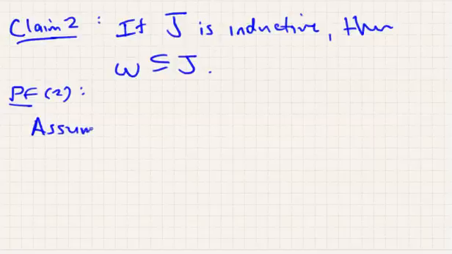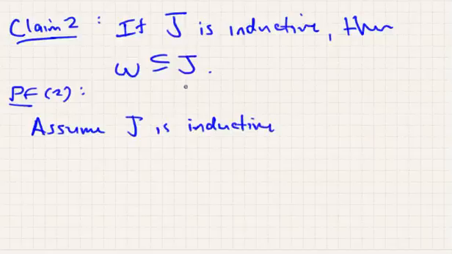Assume J is inductive, and we need to demonstrate that omega is a subset of J. So assume that we have an element x of omega.